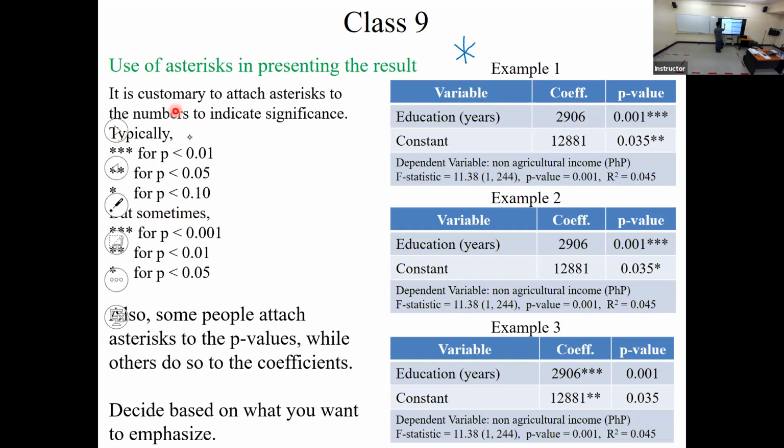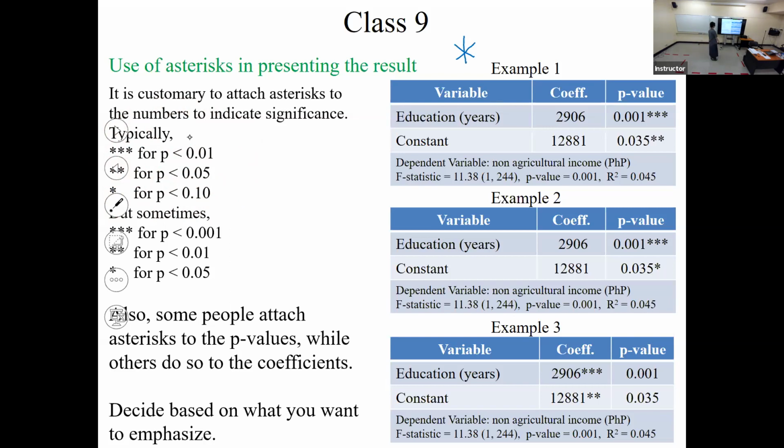Typically, in social science, we use this one. When the p-value is below 1%, you use 3 stars. If not, if still below 5%, you put 2 stars.